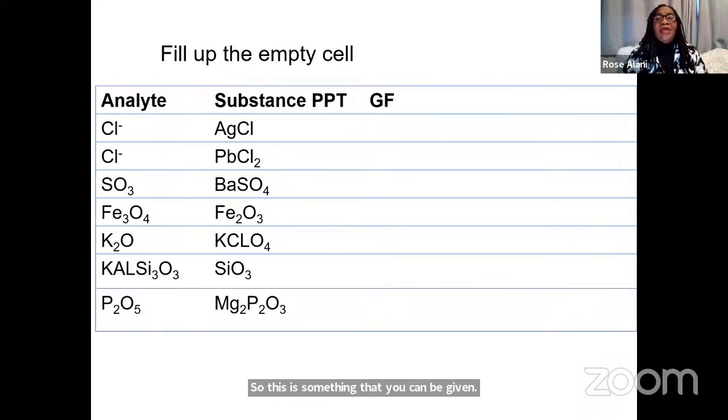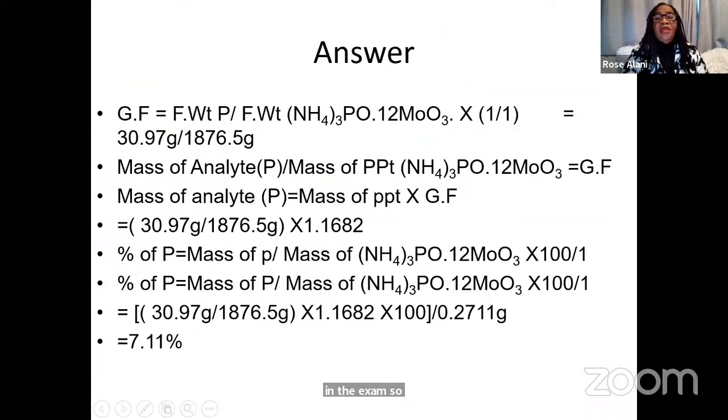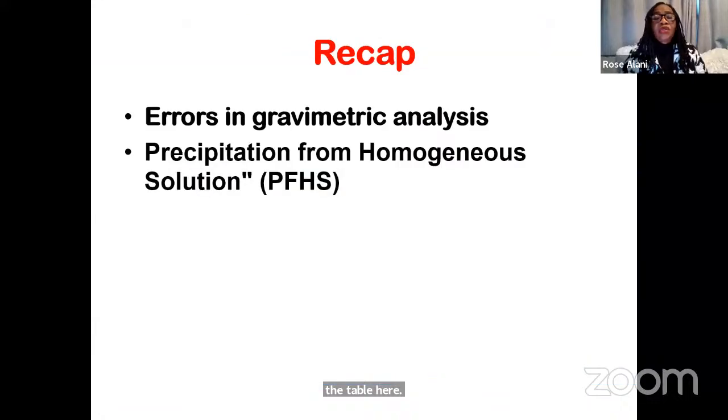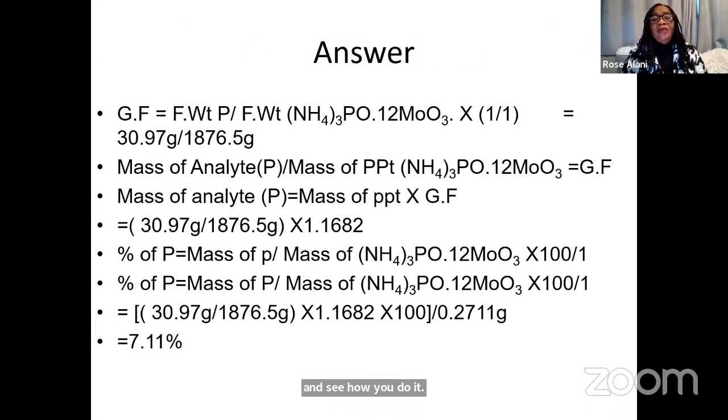So go back to the table I gave you, and go to your formula and see how you can calculate your gravimetric factor, which is the formula weight of what we're looking for, the analyte, over the formula weight of the overall precipitate.